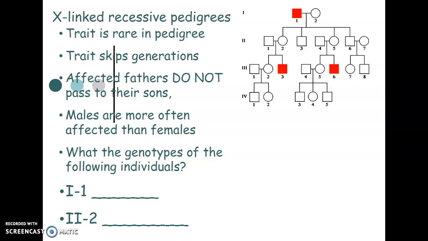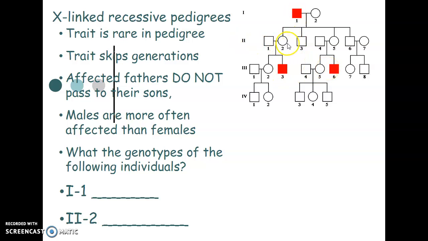So if we're talking about hemophilia, that's a sex-linked recessive disease. This man, I-1, his genotype would be X little h, Y. Remember, men only have to have the trait on their one X chromosome. All 3 men would have the same genotype.